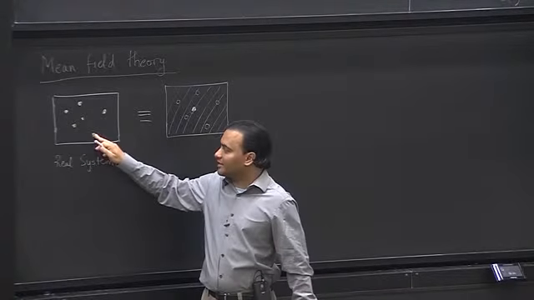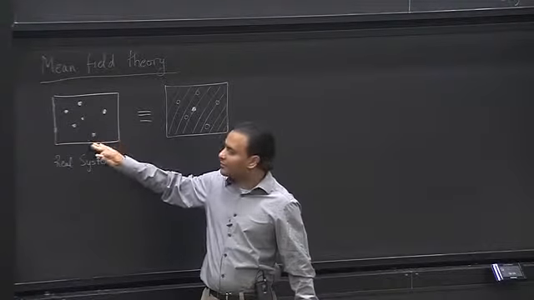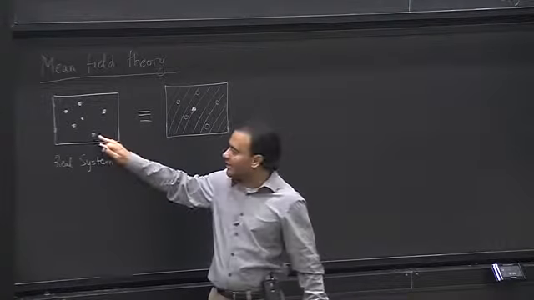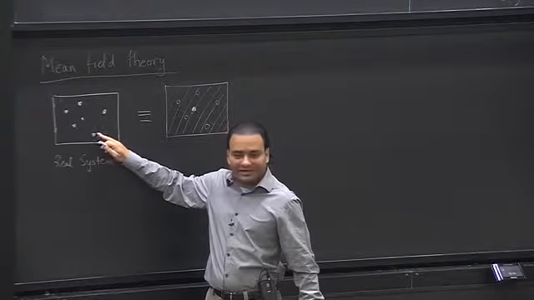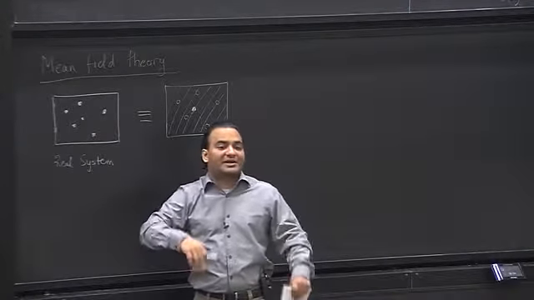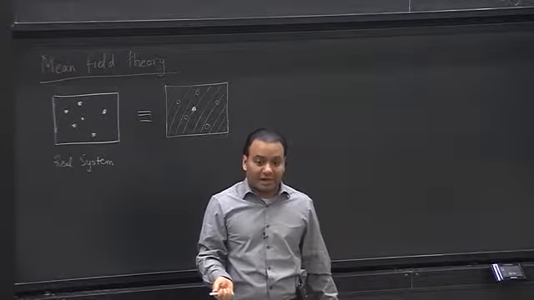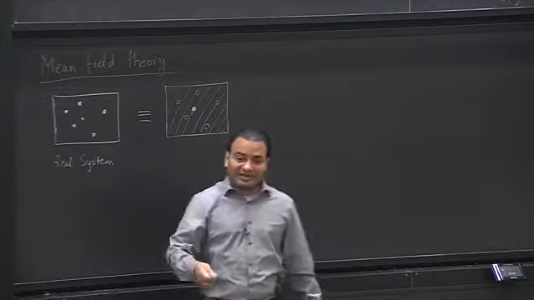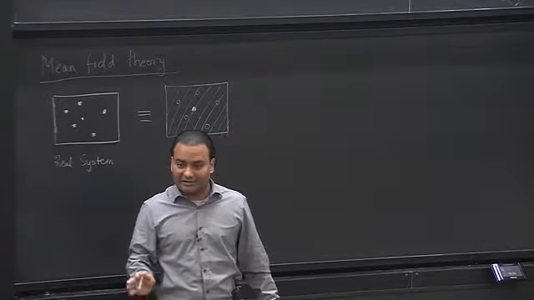So what I mean is, imagine there is an electron here, then there will be an electron here. So if you think about electronic density, it is finite here, it is finite here, but close to where it is finite, you'd expect some suppression in electronic density because of Coulomb interactions. So to replace the density by some average seems like a very harsh approximation.